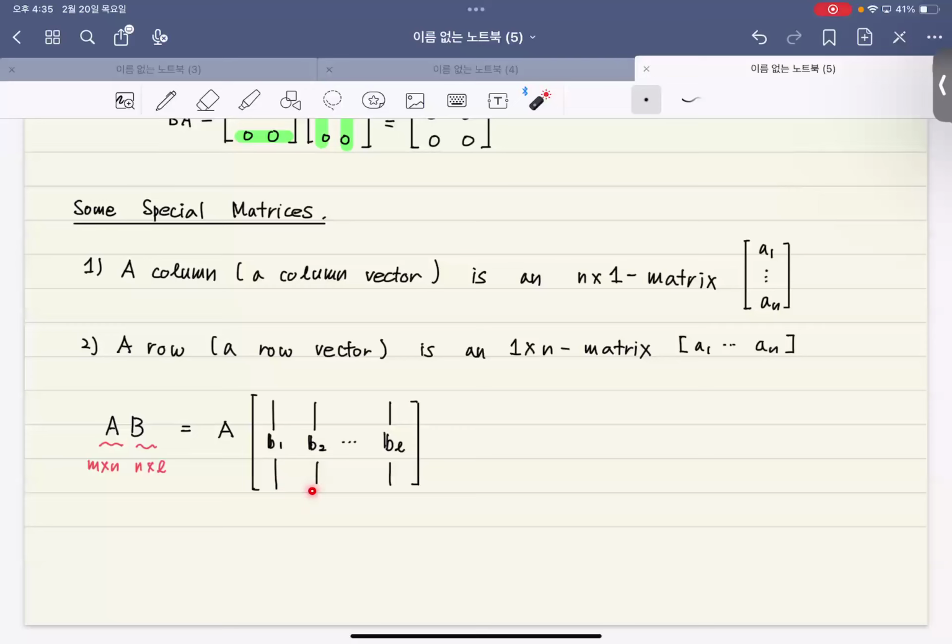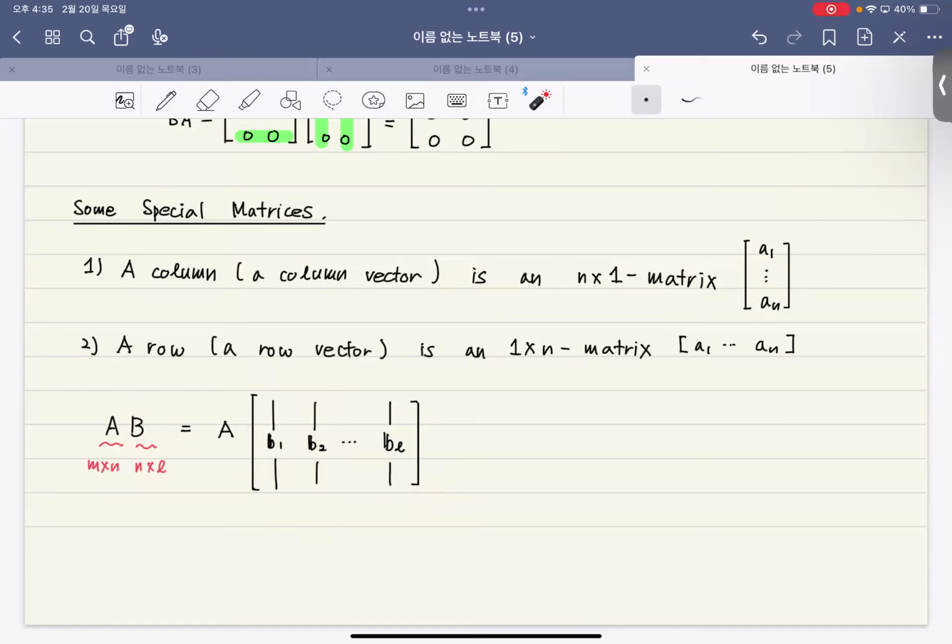The second column consists of entries B12, B22, B32, all the way to Bn2. So I can view this matrix as a collection of column vectors.